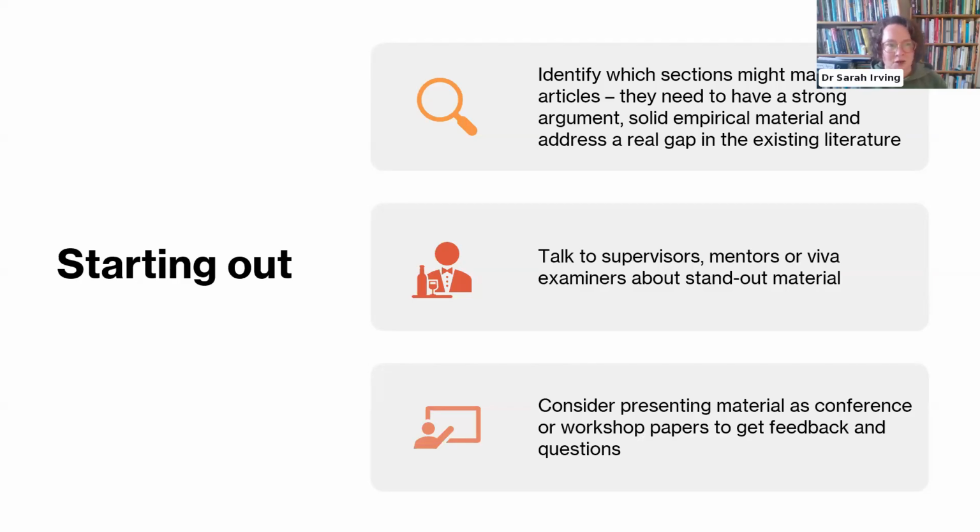So you need to be looking at your PhD, thinking about which sections are strong in terms of the kind of argument that you can make about them, that the empirical material is interesting, that it will grab a journal editor's attention, that it will make a genuine contribution to the existing literature, and that it addresses a real gap in the existing literature.